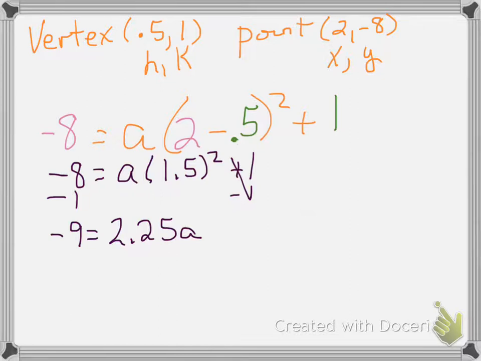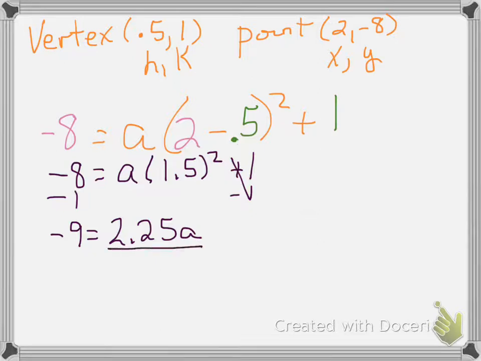Now, how am I going to get a by itself, Nathaniel? By dividing by 2.25.